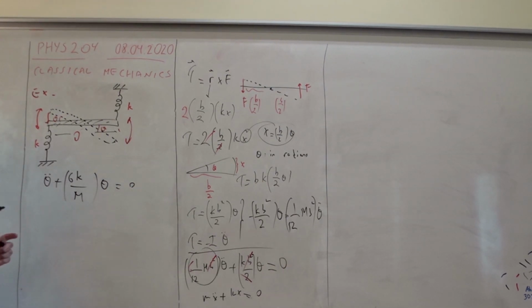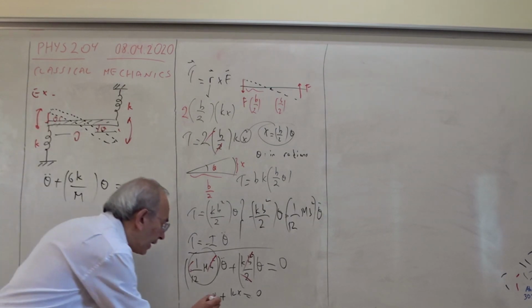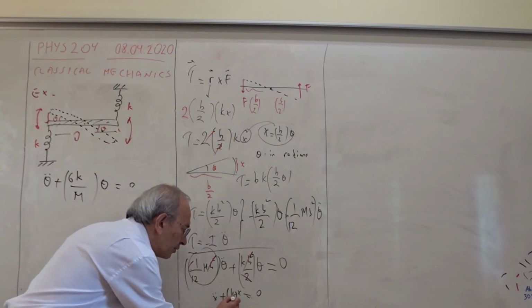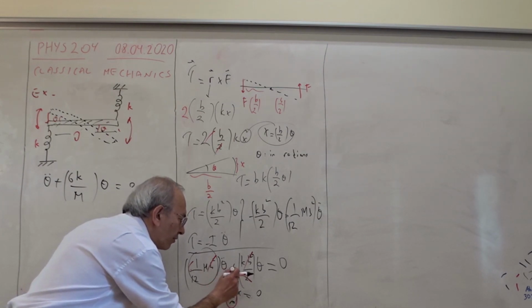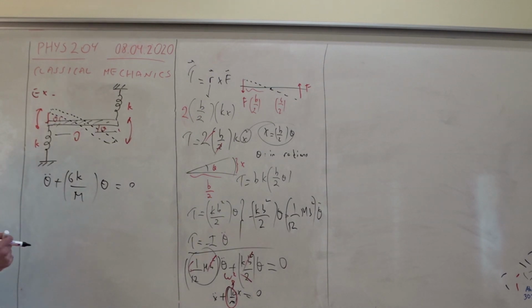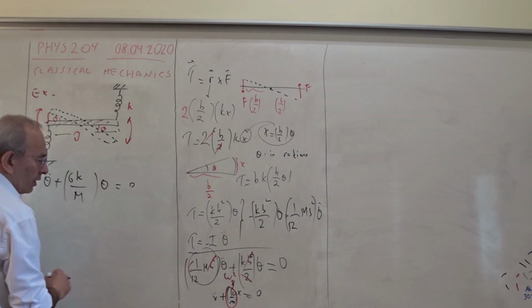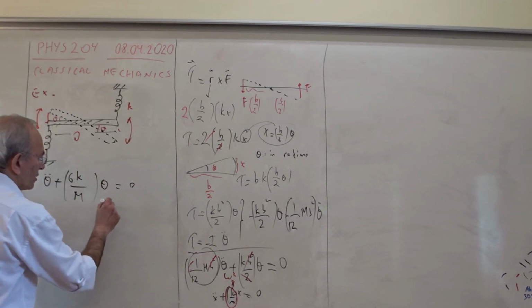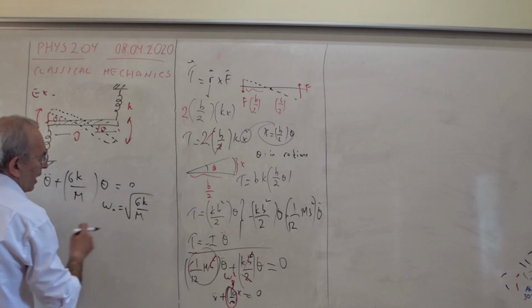And when you get such an equation in this form, when you make this first coefficient 1, and we have something here in the form of k over m, this, remember, is the square of our natural frequency, omega 0. So whatever we see here, 6k over m, is just the square of the natural frequency. So we understand that omega 0 is root 6k over the mass.